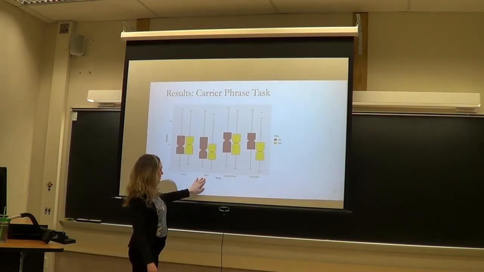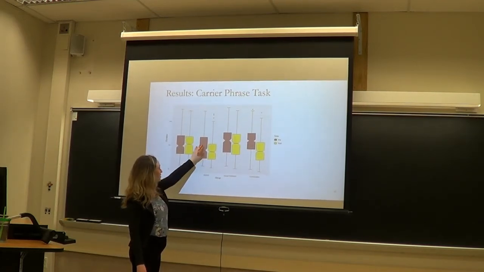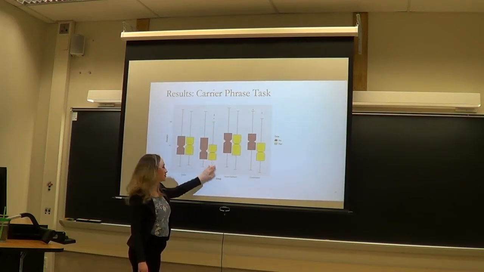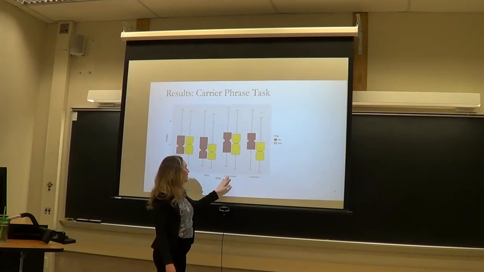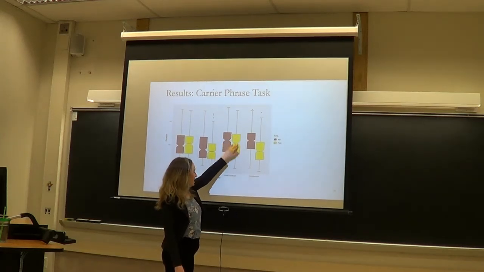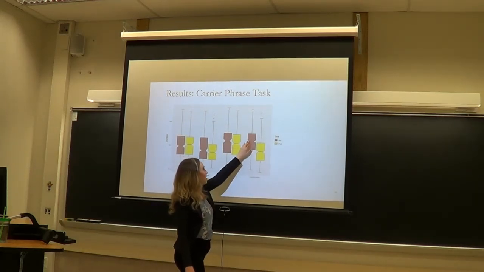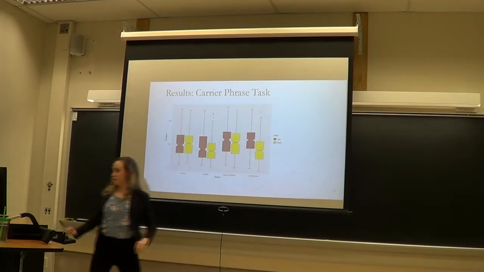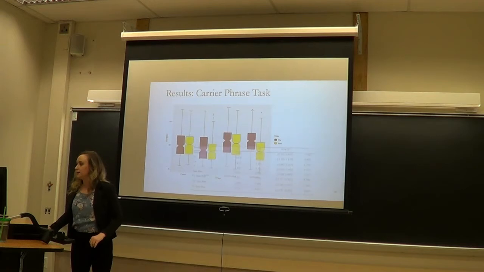However, if we look here at the explicit instruction group, we see that yes, they have decreased in their aspiration values. For visual feedback, we see the same thing, they have decreased, and the same for the combination group, we see this stark decrease from the pre-test to the post-test.